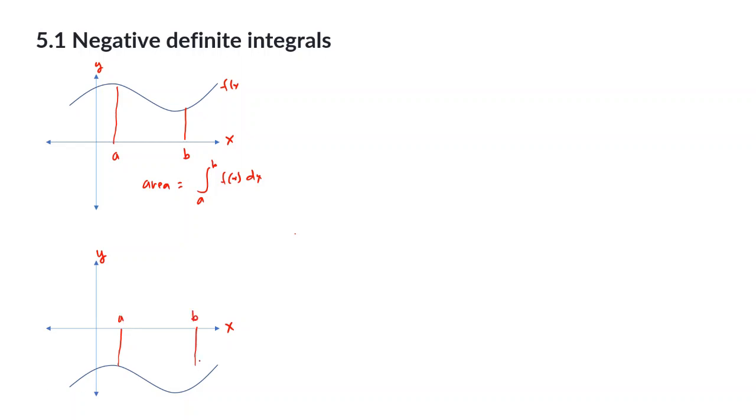Let's say the total area here we have defined as, let's say, 10. So what will be the integral from a to b of f(x) dx? The answer will be negative 10.